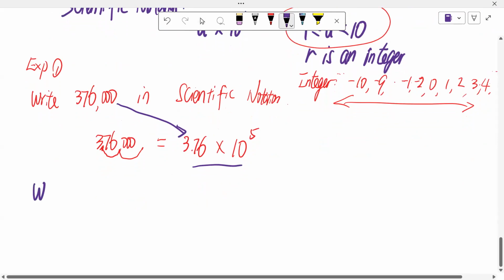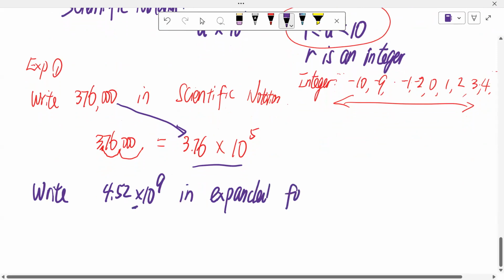And let's look at this. Let's say you want to write 4.52 times 10 to the 9th power in expanded form. So to turn the scientific notation into expanded form, again, you write out the 4.52, and then add zeros at the back. Here I'm going to add 7 zeros. Now you move the decimal.